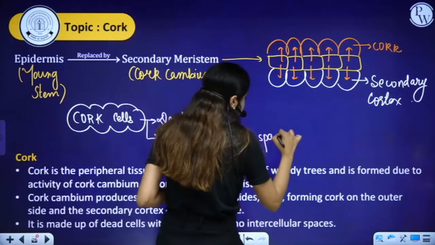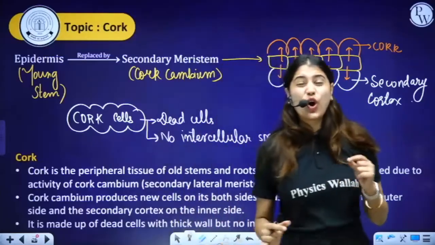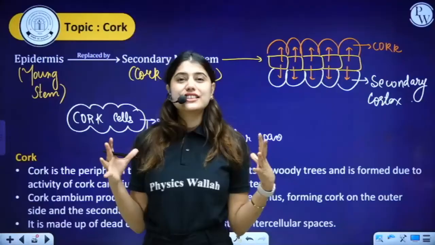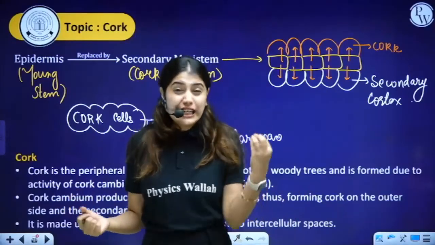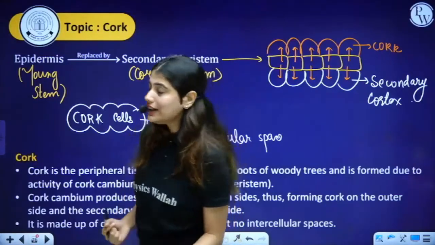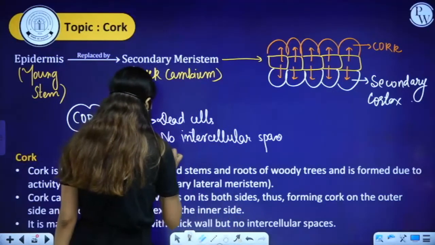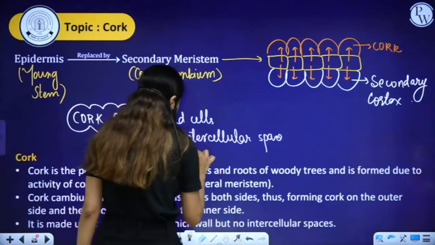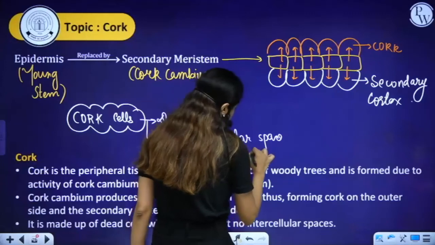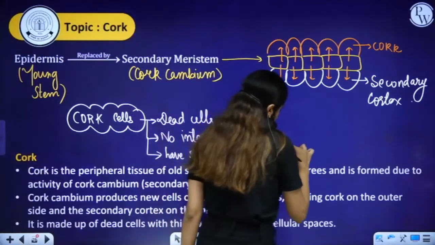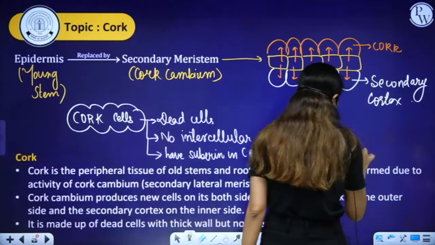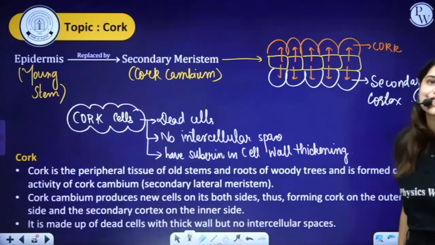Their cell wall is thick, and that thickening is because of a substance called suberin. Suberin is something which will make the plant impervious to oxygen and water. So this cork cell has suberin in the cell wall thickening, which makes the part impervious to oxygen, to the gases, to the water.